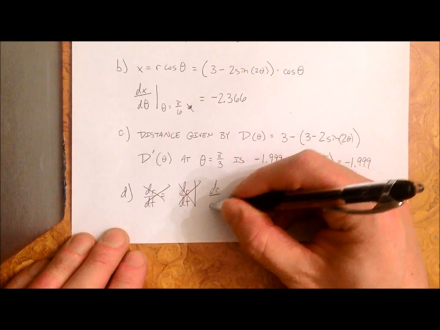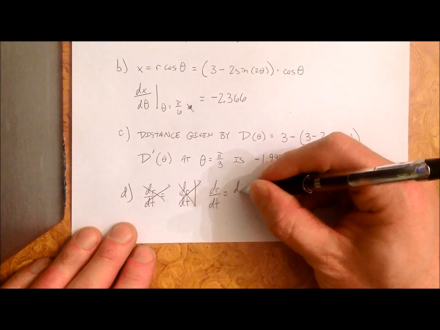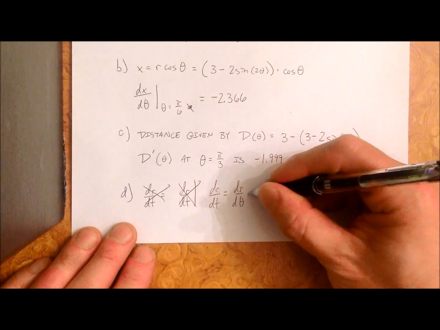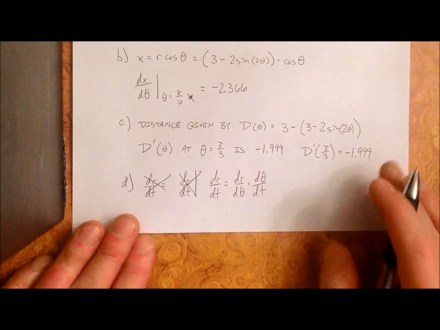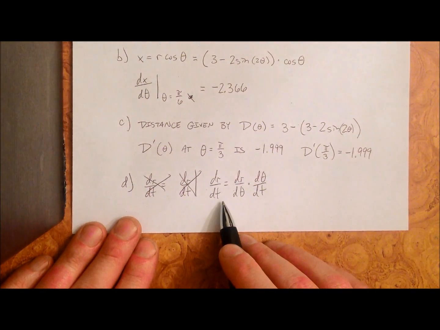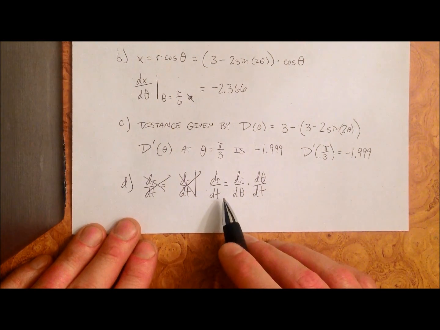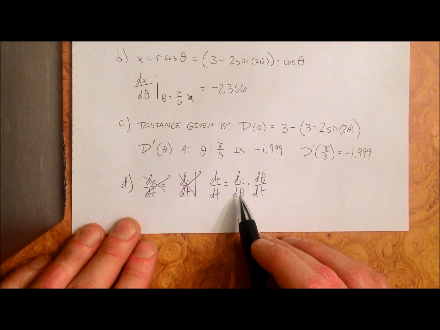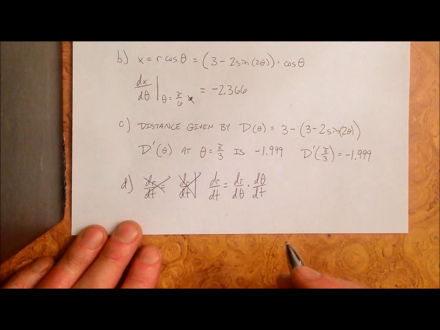Well, here, dr/dt is dr/d theta times d theta/dt, which is what I said before. And the idea again is at theta equals pi over 6, dr/d theta is something that we can get with the calculator, and then d theta/dt is just always 3.